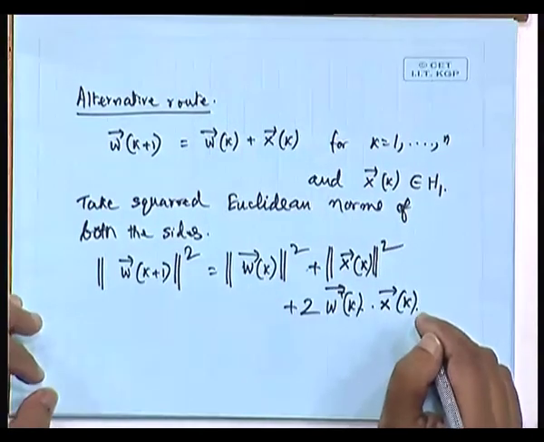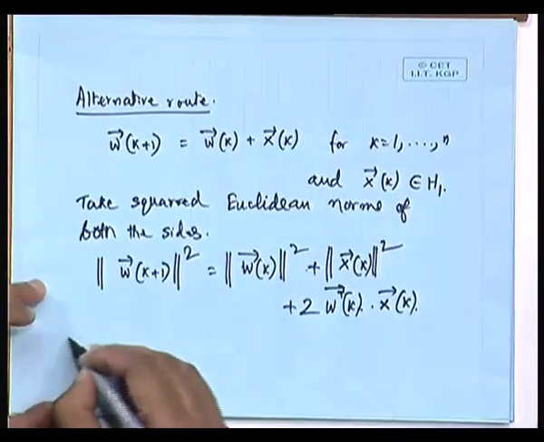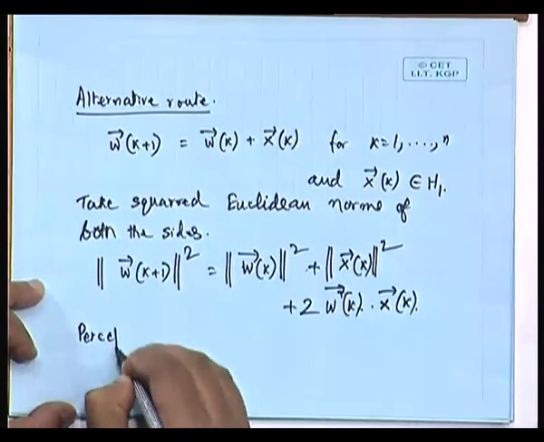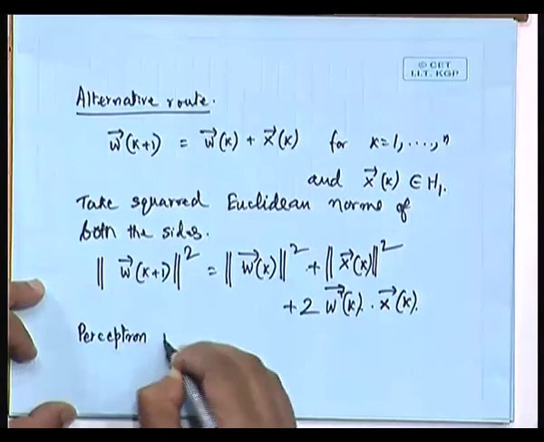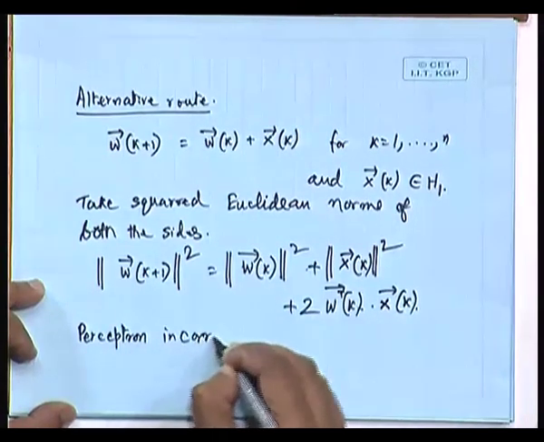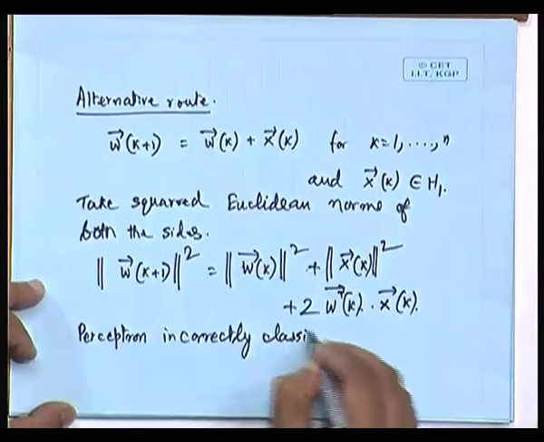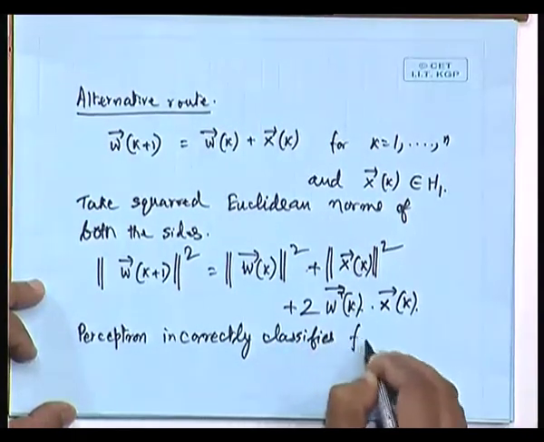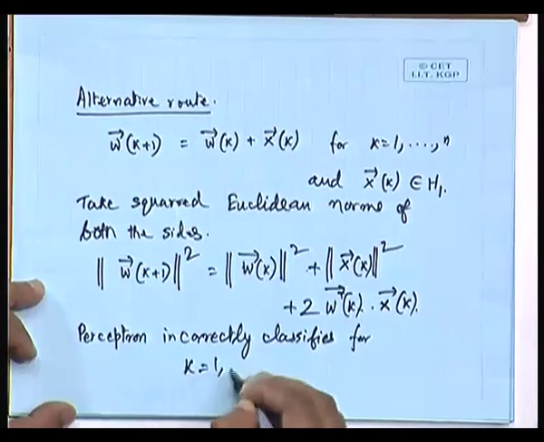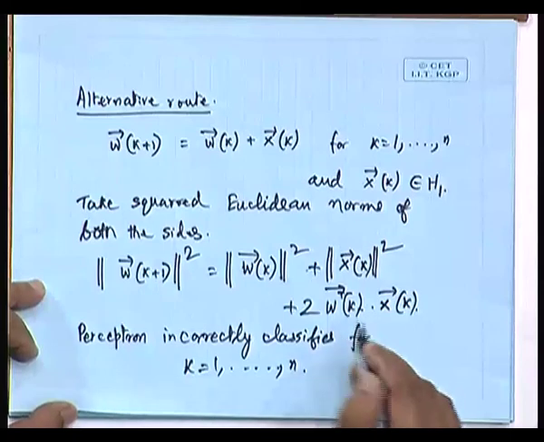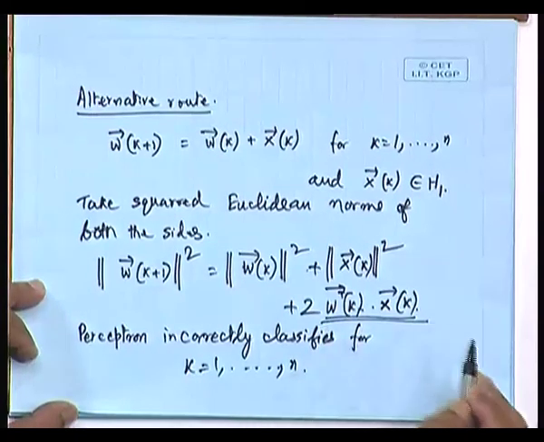Now, we are assuming that the perceptron incorrectly classifies, so our basic assumption is that the perceptron incorrectly classifies for k equal to 1 to n. Because it incorrectly classifies, what can we say about this Wk transpose xk?